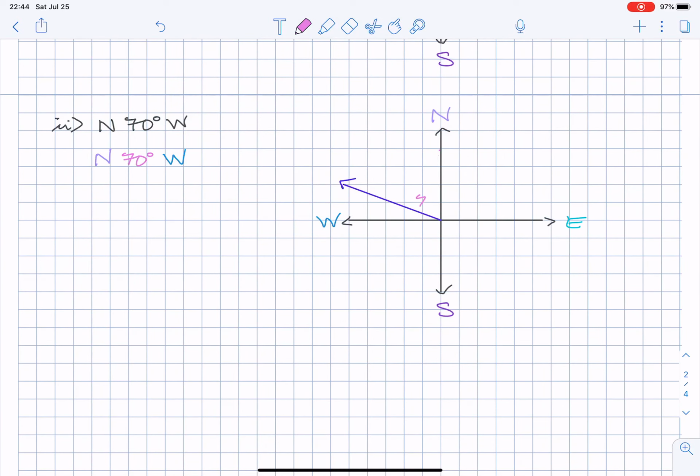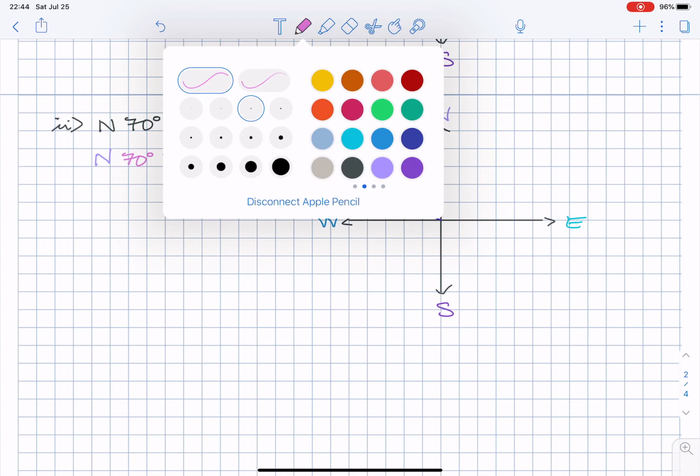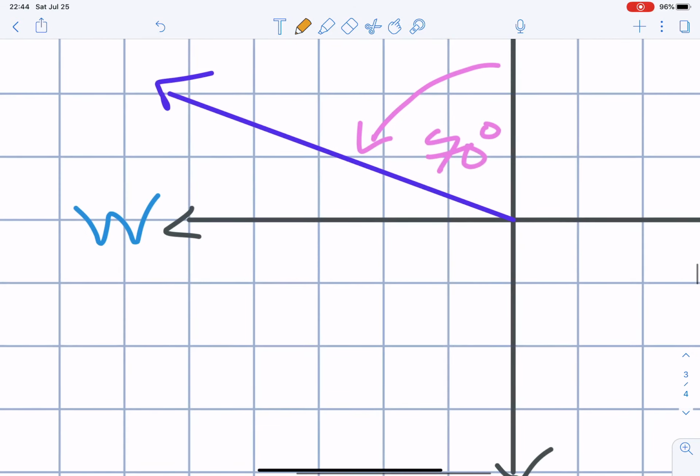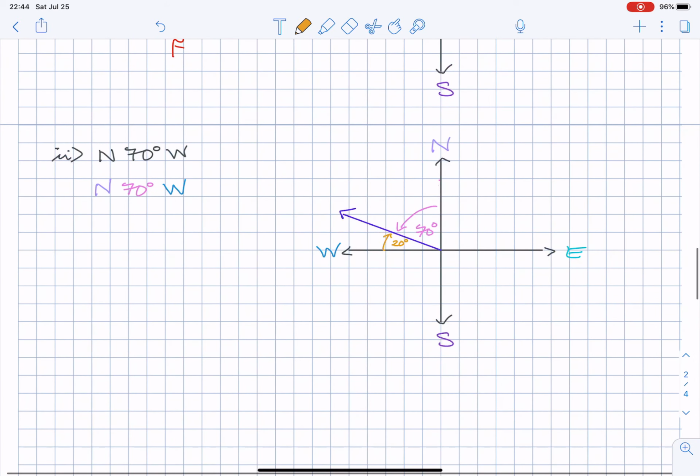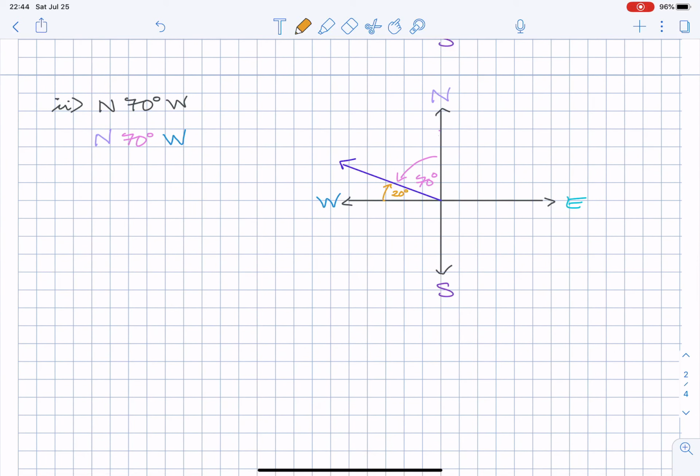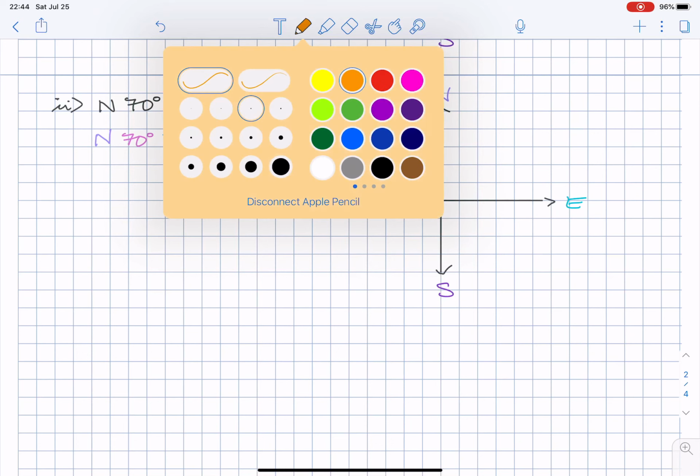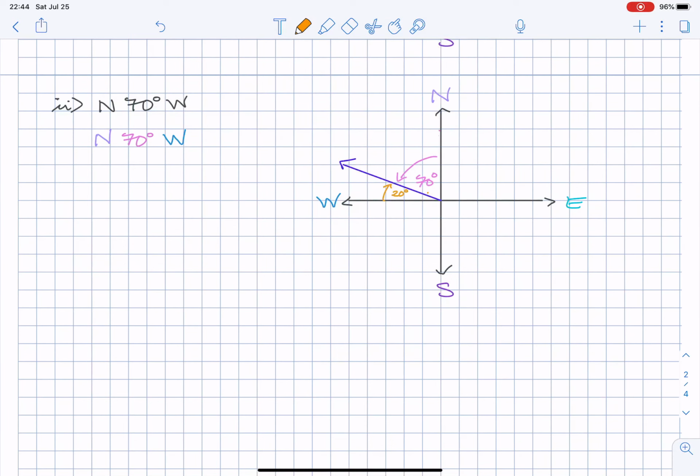Okay, so I'm going 70 degrees from the north towards the west. So that leaves me with only 20 degrees here. But that's not what matters to find theta, because theta is the distance in standard position here.